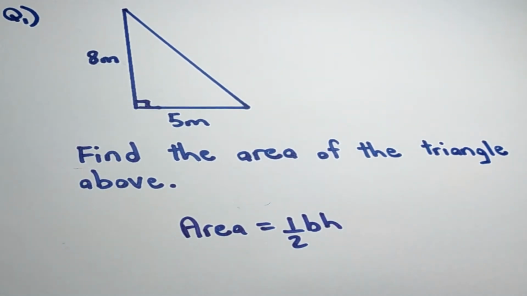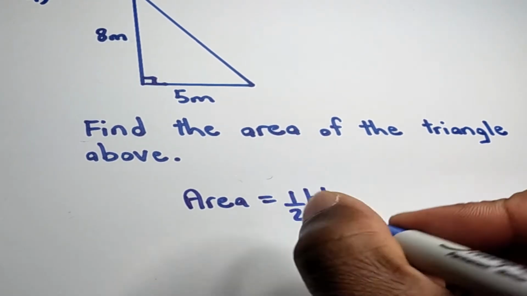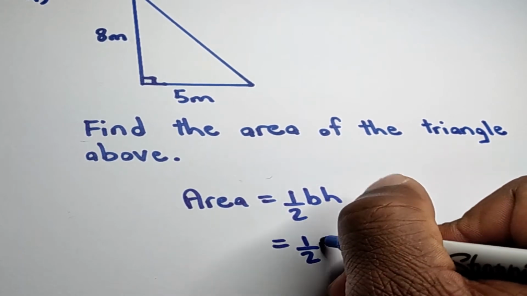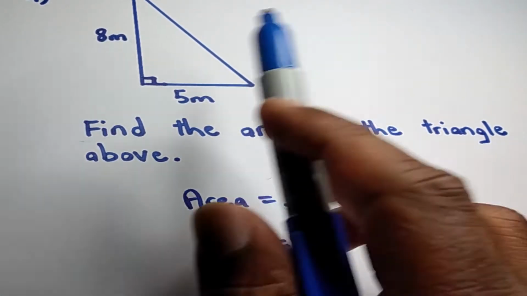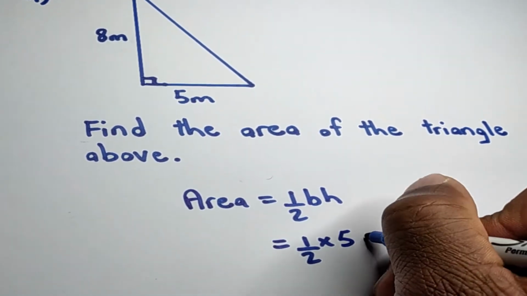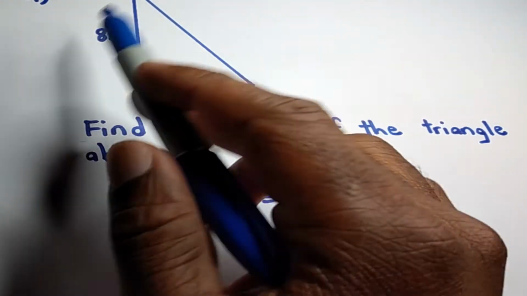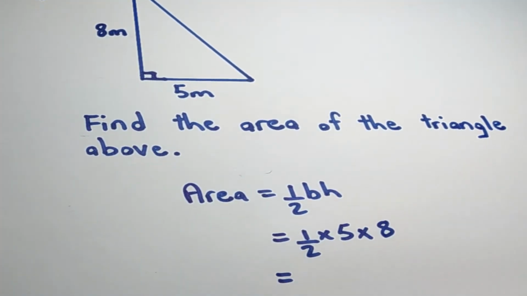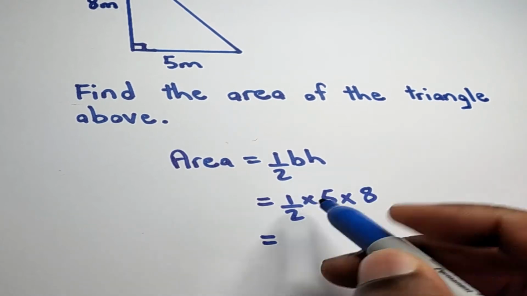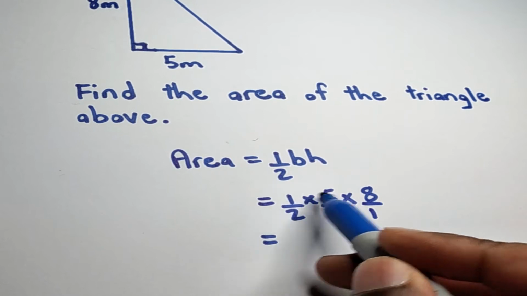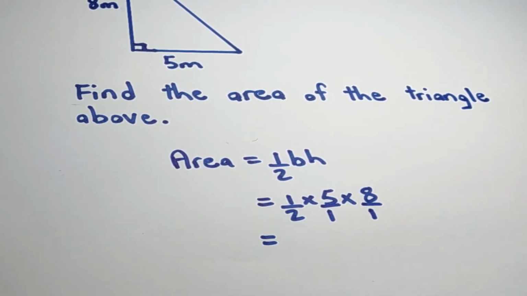So what we're going to do now is simply plug in our values. The area is equal to half times the base. In this case, our base would be the 5 right here, times the height of the triangle, which would be 8 meters. We can always put the 5 over 1, the 8 over 1 as well, and multiply all the numerators and all the denominators.